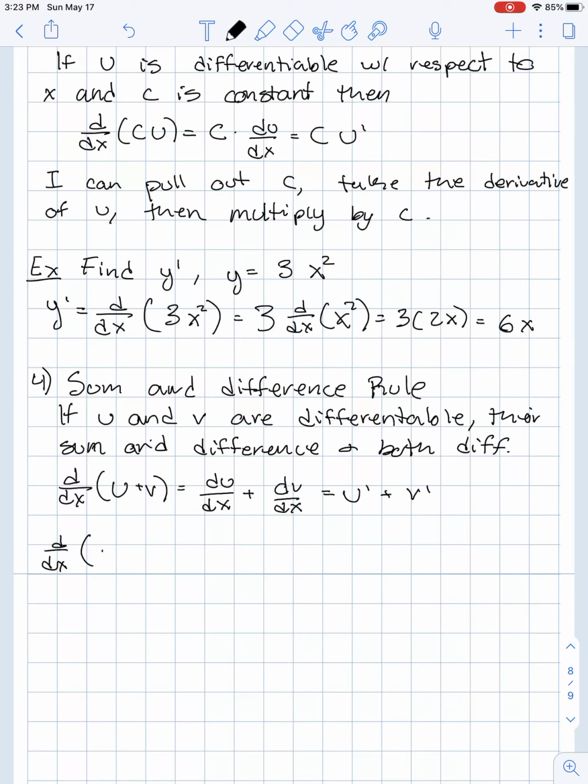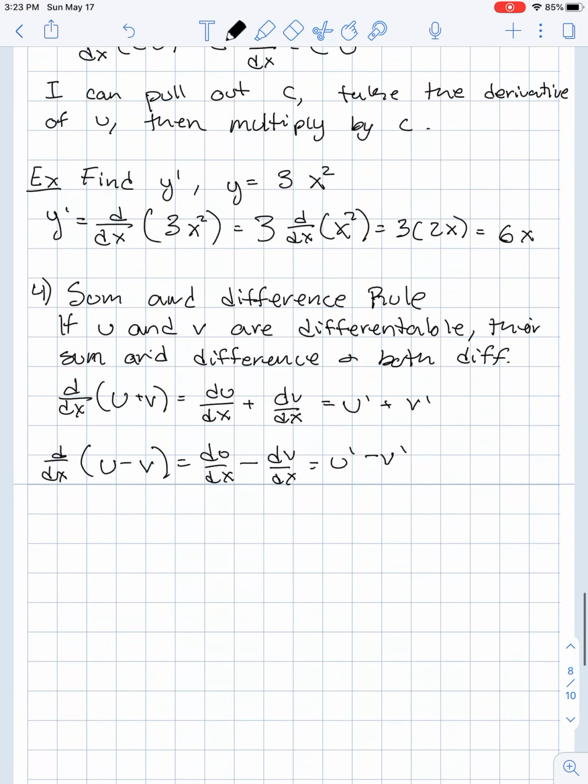Alrighty, so then d dx of u minus v equals du dx minus dv dx, which is equal to u prime minus v prime. The difference rule is actually derived from the sum rule and the coefficient rule. So if I combine that, v technically has a -1 as its coefficient. So that -1 hangs out there. It came with v to the party, so he can stay. Okay?